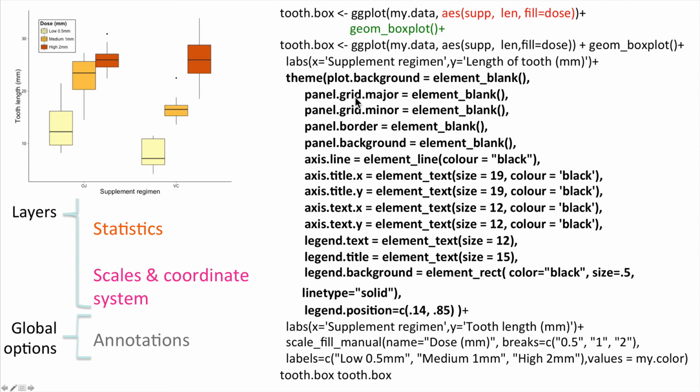And we can specify that we want to get rid of the grid lines, get rid of the border, make the background of the figure blank, and set the font sizes for titles of X and Y axis and labels of X and Y axes.